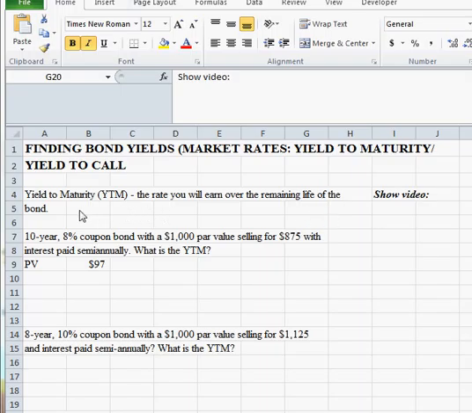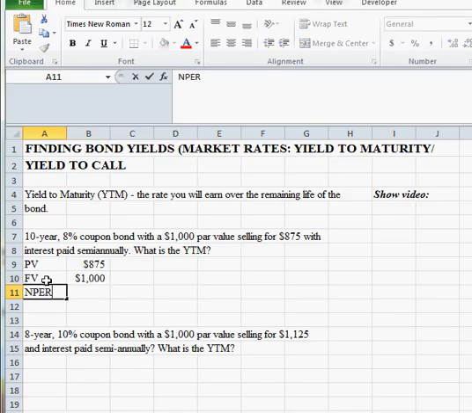And sample will be a 10-year bond with an 8% coupon, $1,000 par value that's currently selling for $875, and the interest is paid semi-annually. So the present value is going to be the current price of the bond, which is $875. The future value of the bond is the $1,000 maturity value, or par value.